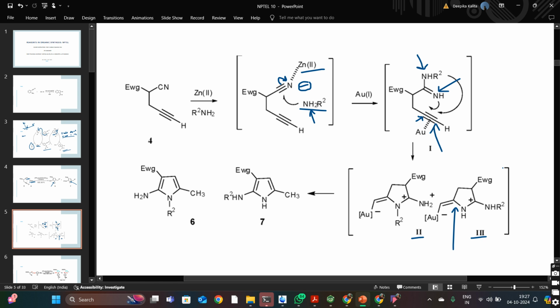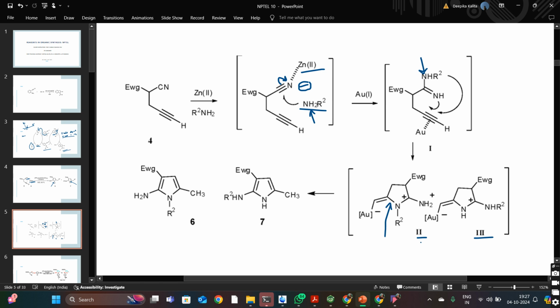And you have another possibility of cyclization, which is this amine. Okay, R2NH is present. So what if R2NH is attacking your alkyne? In that case, you can see that this R2N fragment is joined at the alkyne. So this is how these two intermediate carbocations you are going to generate.